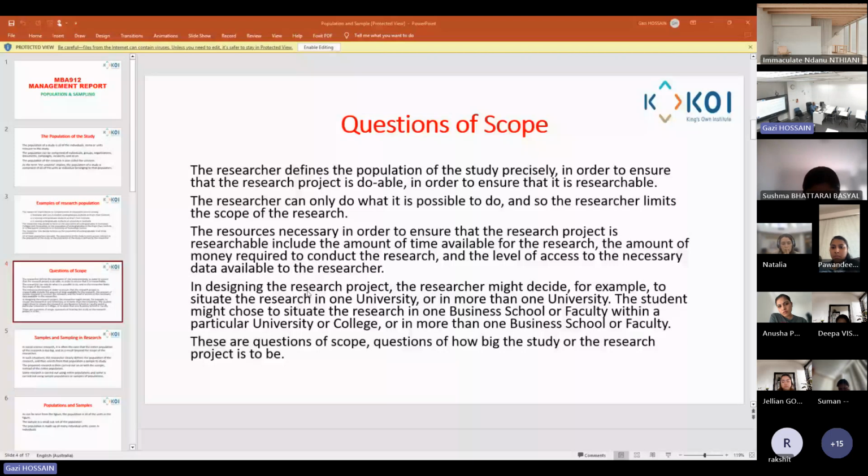Now, samples and sampling in research. Already I discussed a little bit about the sample. When we are drawing the sample, the first thing we need to consider is that the sample must be representative. For example, I told you that our research is on international students or international graduates.